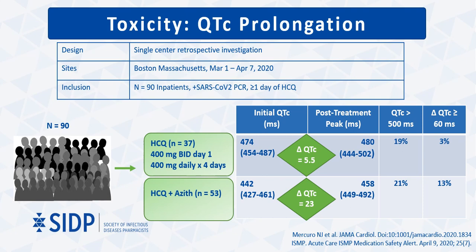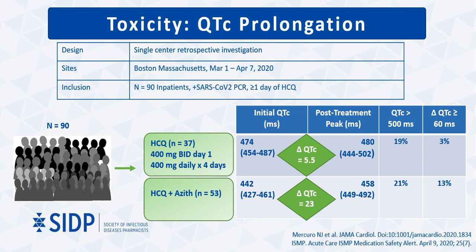The initial QTc interval in the patients who received hydroxychloroquine monotherapy was 474 milliseconds and increased to a post-treatment peak of 480 milliseconds. The initial QTc interval for patients who received hydroxychloroquine and azithromycin as a combination was 442 milliseconds and increased by 23 milliseconds to a post-treatment peak of 458 milliseconds.